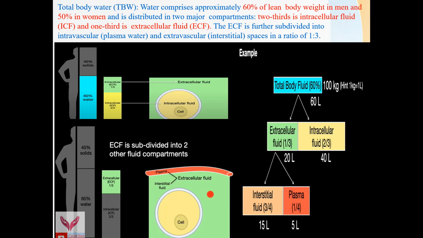So if we see a man with 100 kg of weight, he has 60% body water. 60% of the body water is present in men and 50% of the body water is present in women.